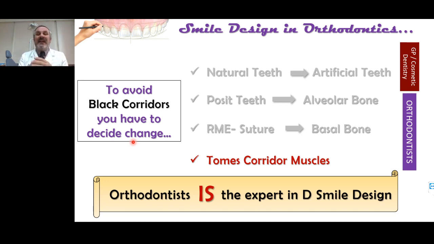In other cases, during the expansion, during the alignment, during the first phase of the treatment, we need to change the environment, to change the equilibrium between the muscles of the tongue corridor.